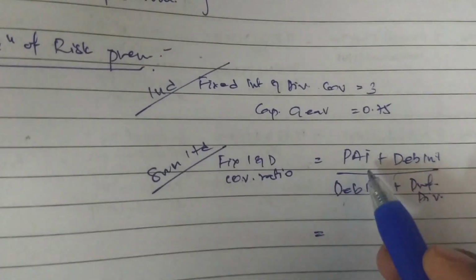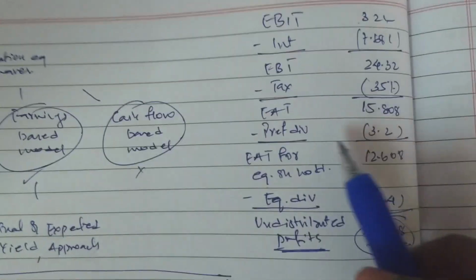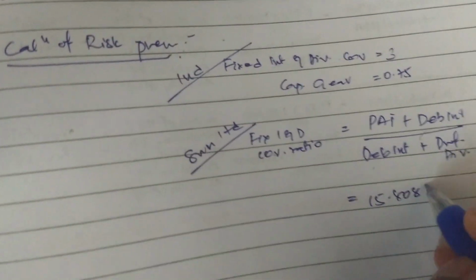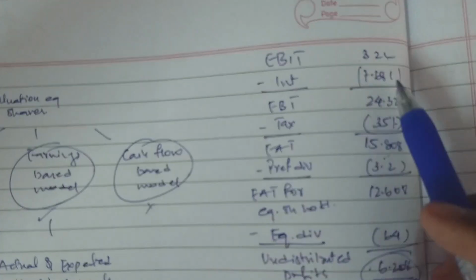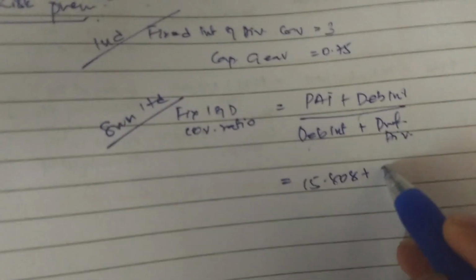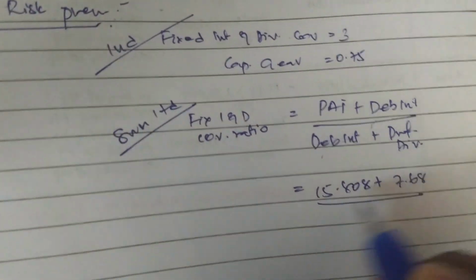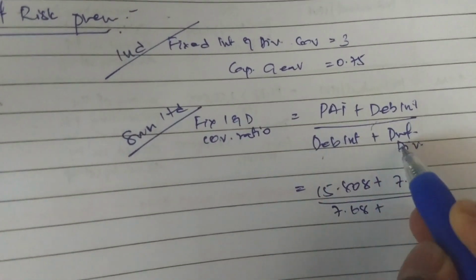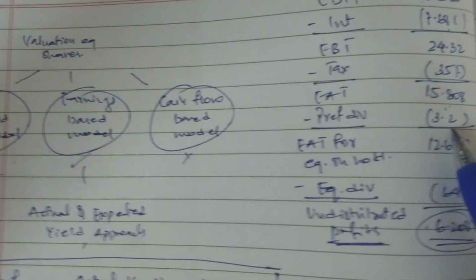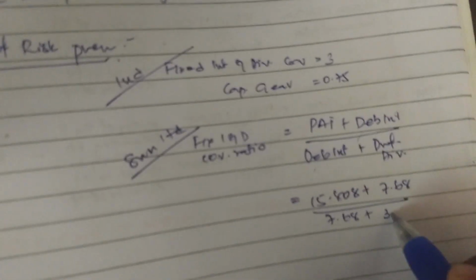So now with this we can find it. Profit after tax is 15.808 plus debenture interest 7.68, divided by 7.68 plus preference dividend 3.2.